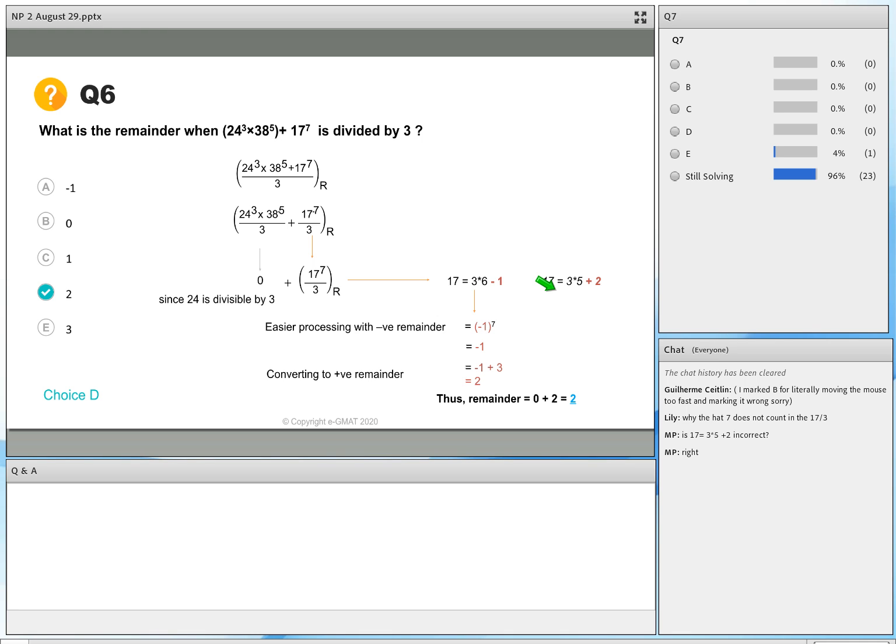Okay, meanwhile, I see people have marked still solving. I'm going to get you to the 7th question, everyone.